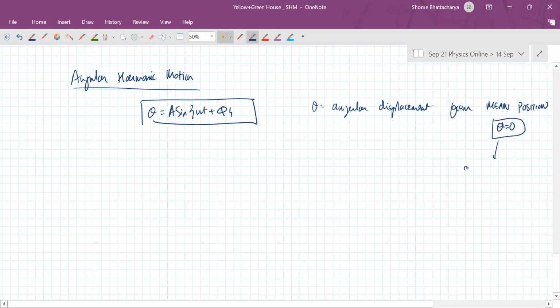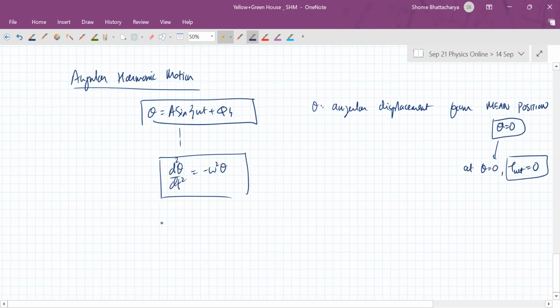And at the mean position, we will see that the net torque becomes 0. Because from this equation, we now have that angular acceleration is this. If we double differentiate this, we get this relation, which means that the net torque is equal to something like this, where K is equal to moment of inertia into omega square.